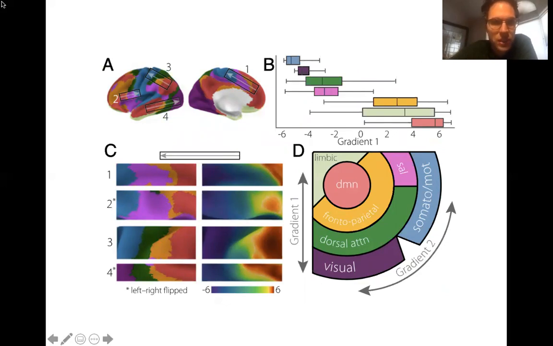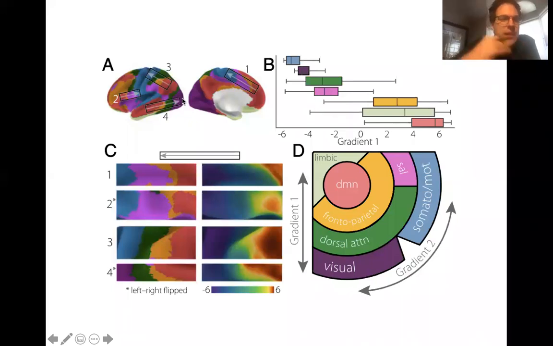What you'll see in these boxes is that you move repeatedly from the default mode network through the higher order areas like the frontal parietal network, the ventral attention network, and the dorsal attention network, to eventually get to the lower level sensory areas.